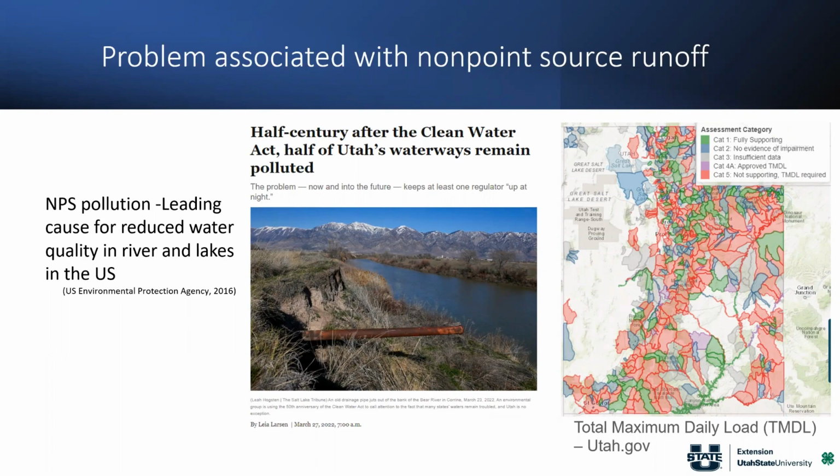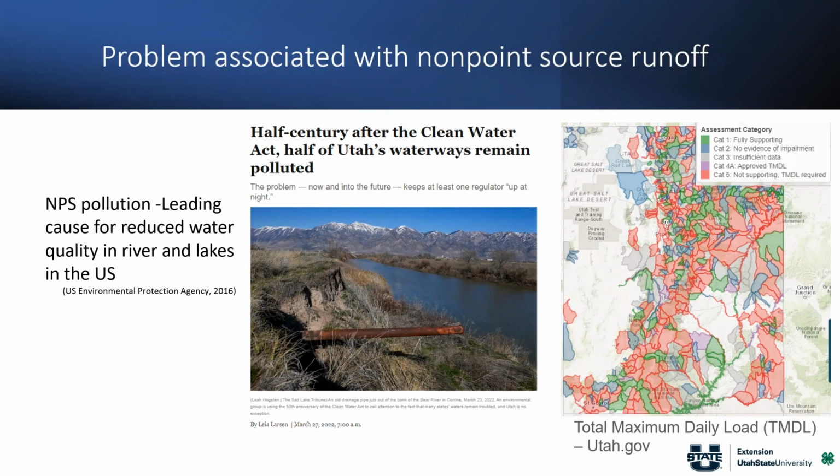And when we talk about the pollution here, non-point source pollution is one of the leading causes. It is the leading cause in the US for water, rivers, and lakes. Also in Utah, it is among the leading causes of water impairment. And non-point source pollution is largely attributed to agricultural operations.